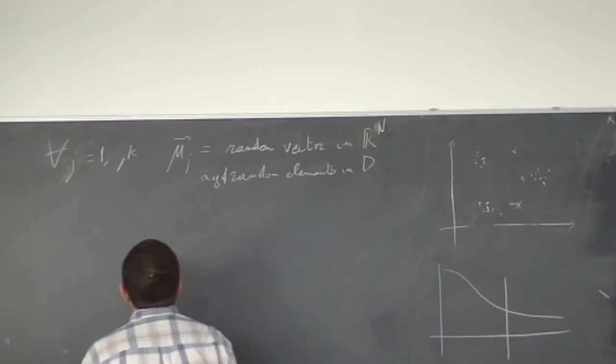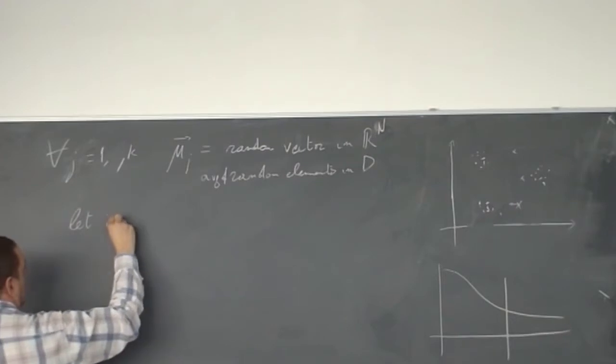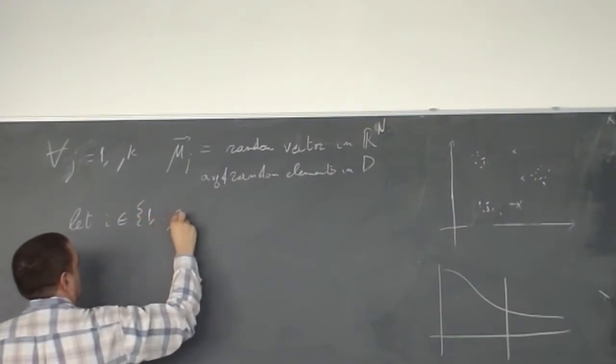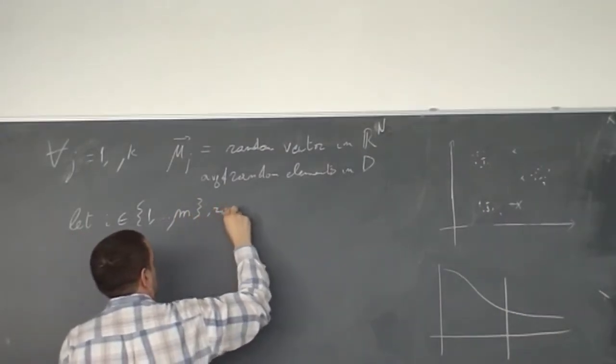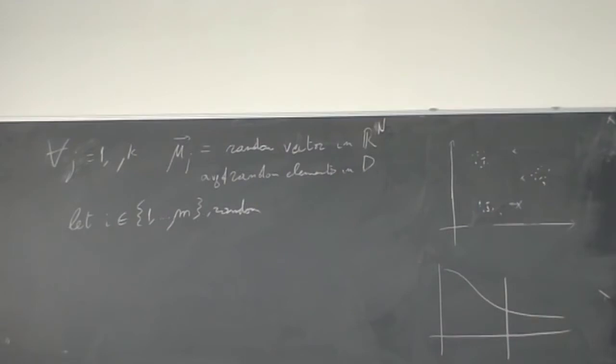So, we choose one random index, so we choose one element in our data set.